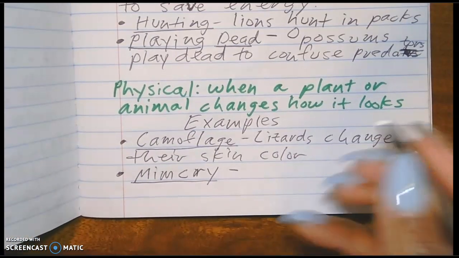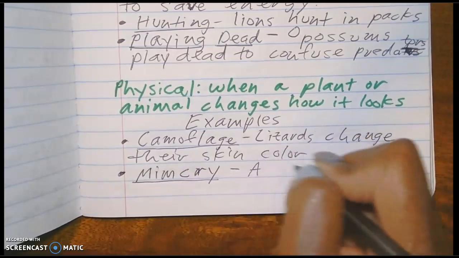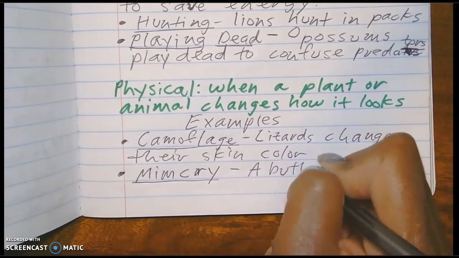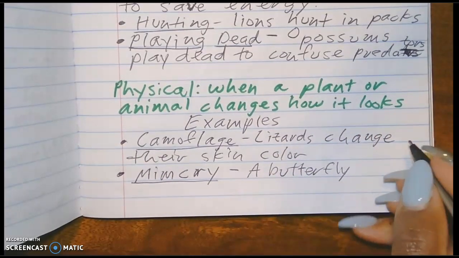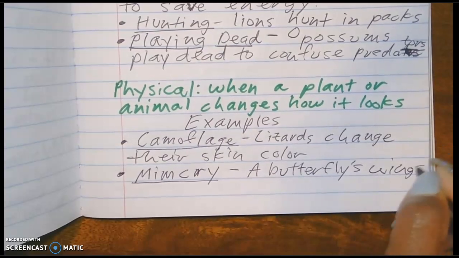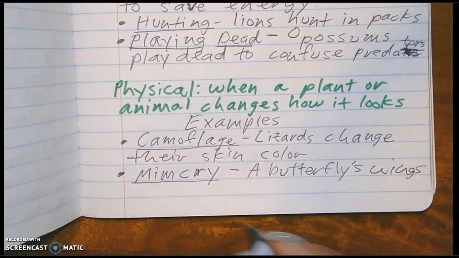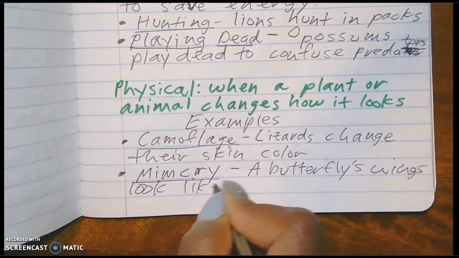And there are certain types of butterflies that can do that. So that's what we're going to use as our example. A butterfly's wings look like an owl's wings.